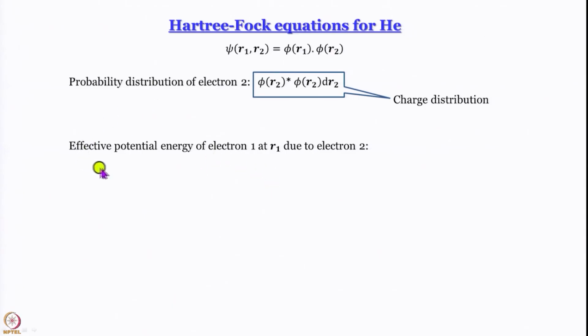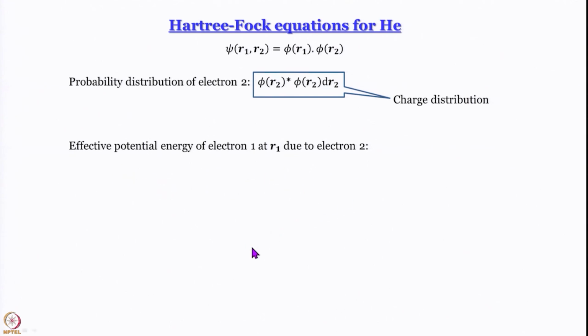So, what is the effective potential energy of electron number 1 at its instantaneous position, which we denote by bold r1, due to electron number 2? So, what is the potential exerted by electron number 2 on electron number 1 at an instant at the position of electron number 1, denoted by bold r1. I have said it as many permutations and combinations of the words in that sentence. I hope you understood one of them.